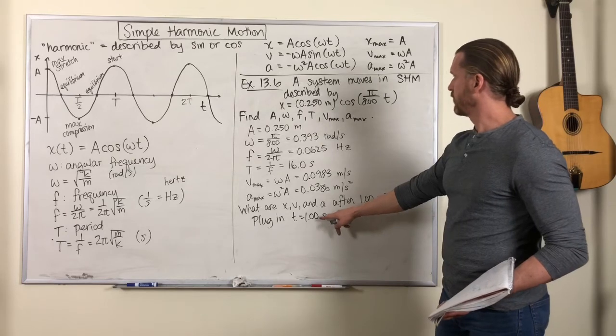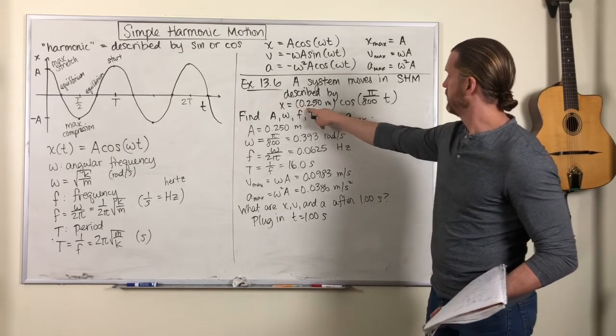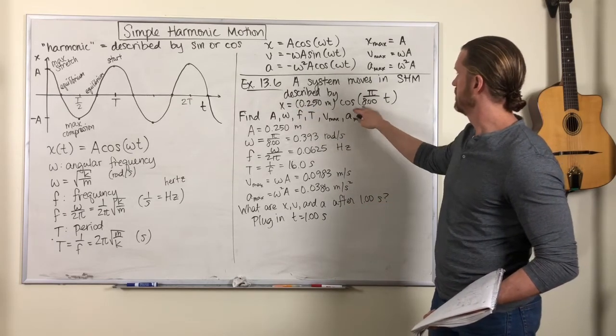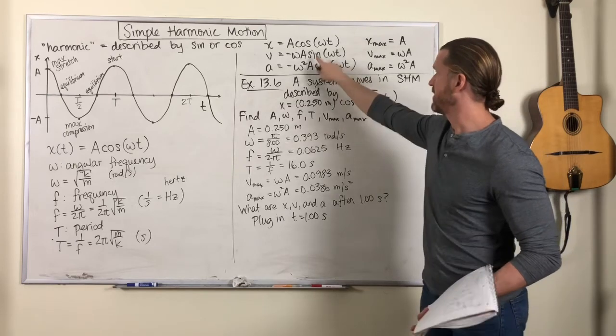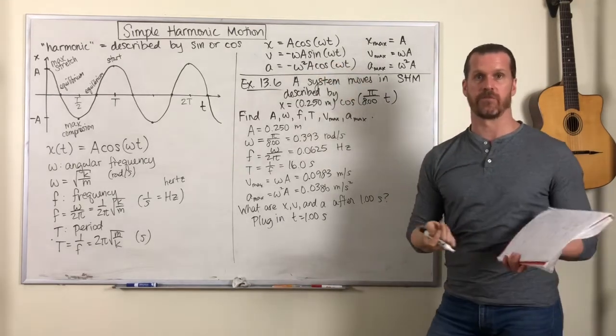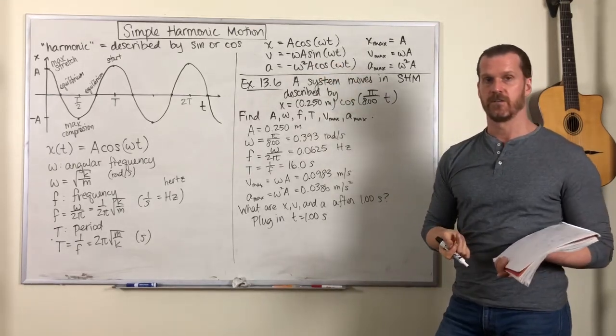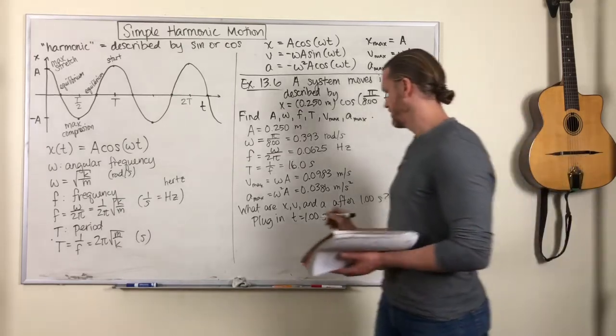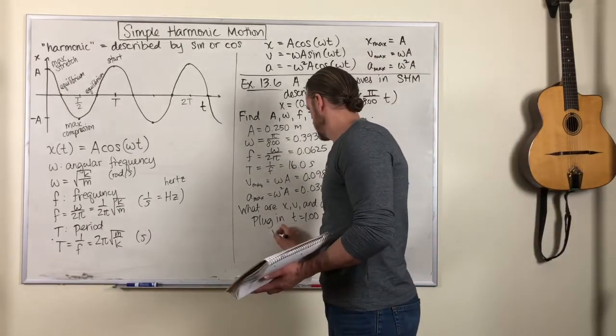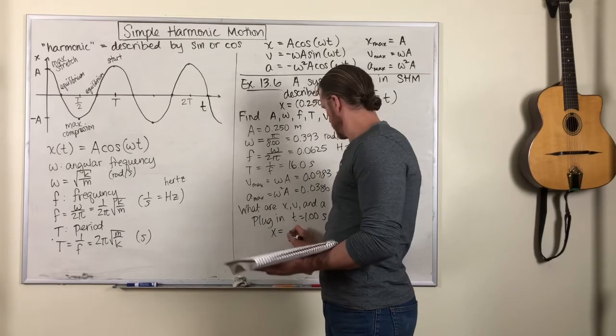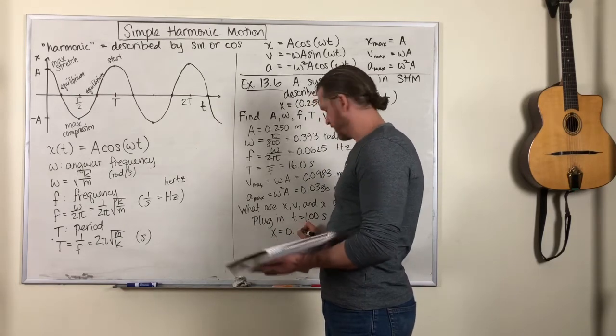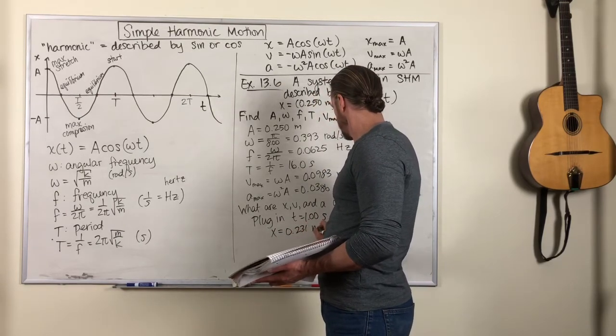So plug in t equals 1 second into this equation and these two with our values of omega and A that we found. I'll let you guys try this at home. And you should find, after 1 second, the block is at a position of 0.231 meters.